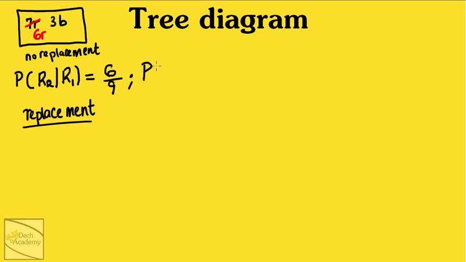Now let's look at the replacement scenario. Initially, there are 7 red balls and 3 blue balls. The probability of picking a red ball is simply 7 over 10, since there are 7 red balls out of 10 balls. When we're carrying out replacements, again, the probability of picking a red ball is 7 over 10.